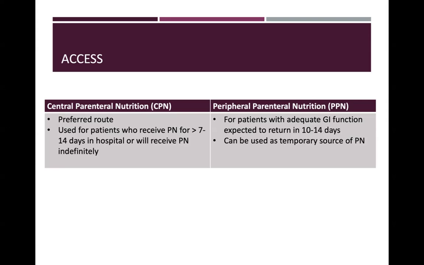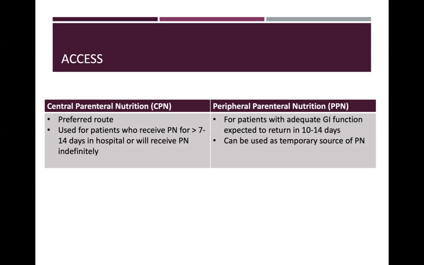These patients are going to be on these nutrition formulations for longer than a week or two. Some patients, unfortunately, stay on parenteral nutrition for the rest of their lives. So obviously you're going to need a central line. Versus you have a patient who developed some ileus after surgery that resolves within a week.